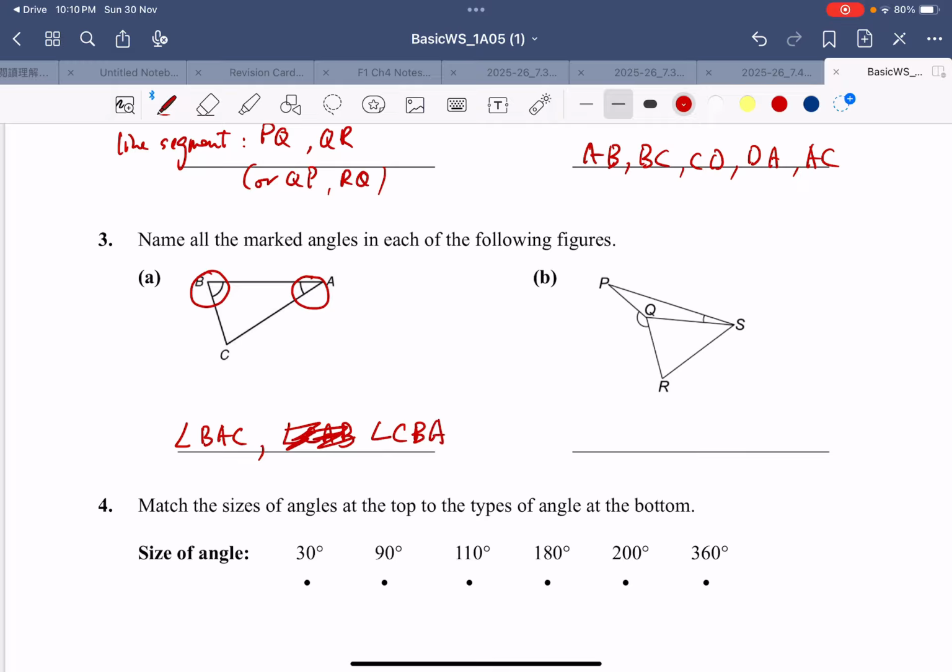The middle one is the place of the angle. Of course, you can have CAB here, the same thing as BAC and ABC.